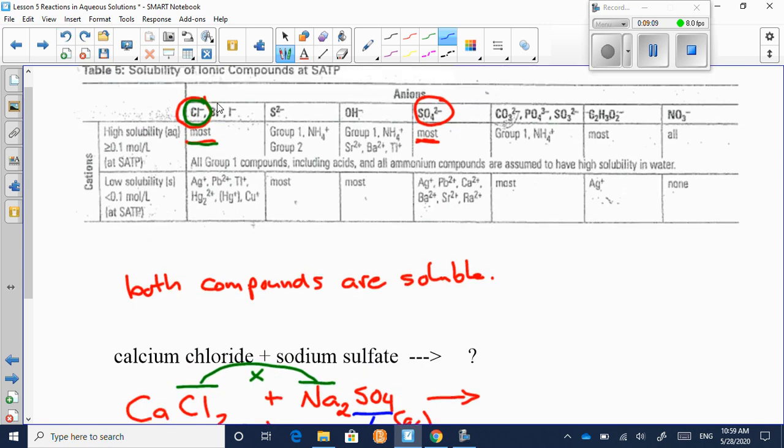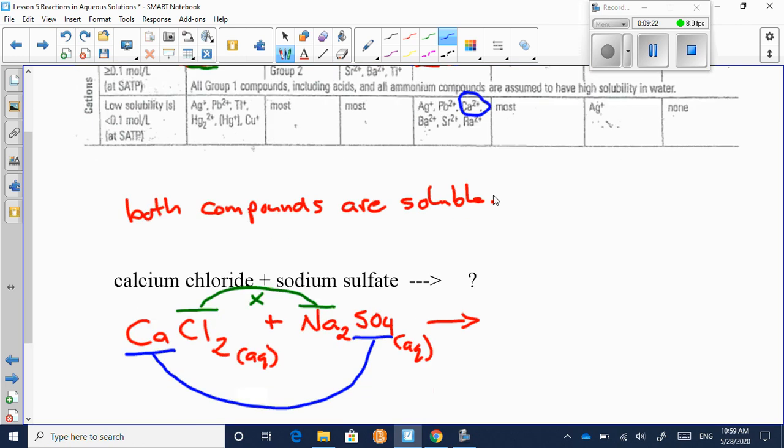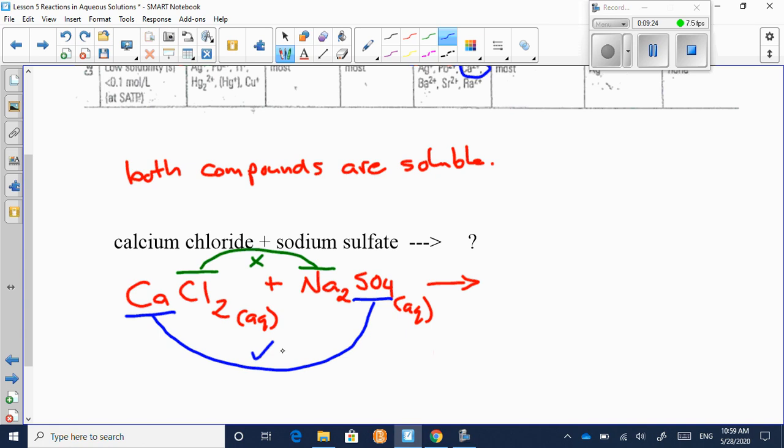So I go up and I'm going to check. I find sulfate. Most things are soluble. What about calcium? Oh, wait a second. There it is. So the fact that it's in the lower row there means that it forms a solid. I'm going to put a check mark and I'm going to say a solid forms.